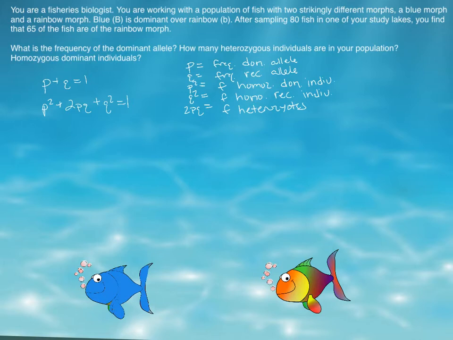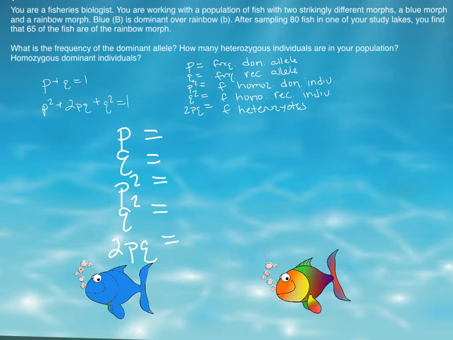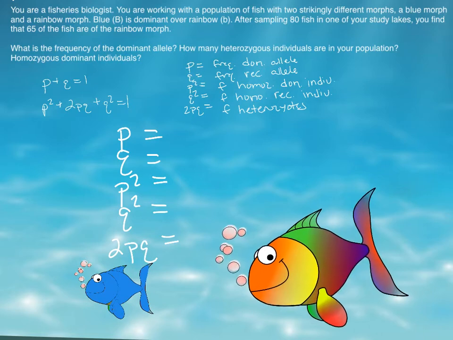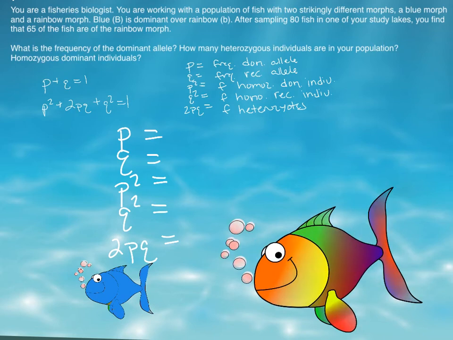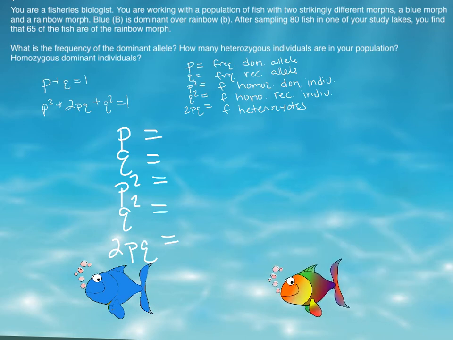So now we're actually ready to start solving our equations. So the question is, what do we know? Which of these pieces of the puzzle do we know given our information? So we'll throw up each of those components we need to solve for. Going back to our problem, again remember we know that of our 80 fish, 65 are of these rainbow morphs.